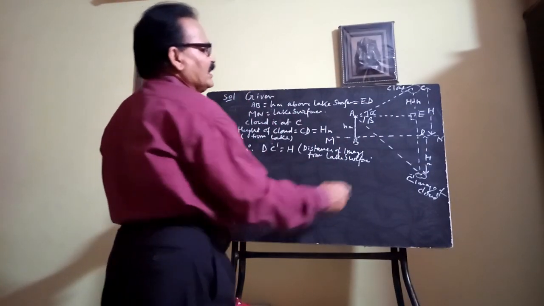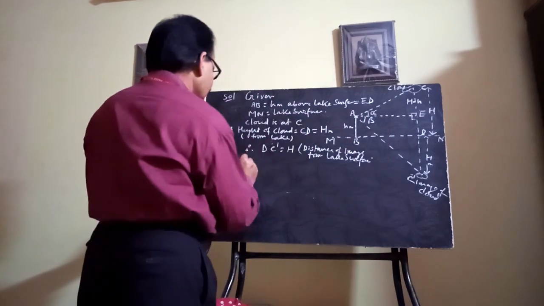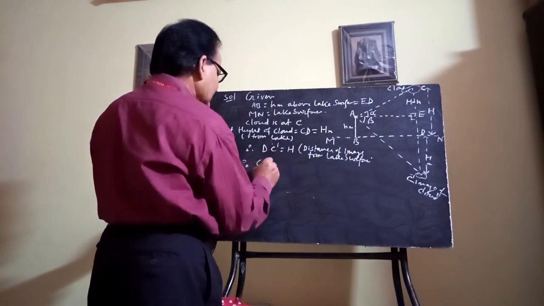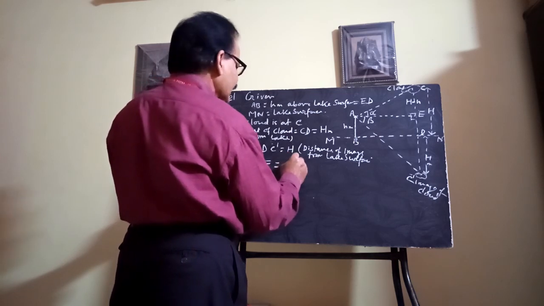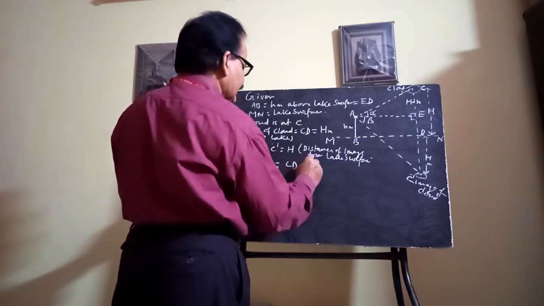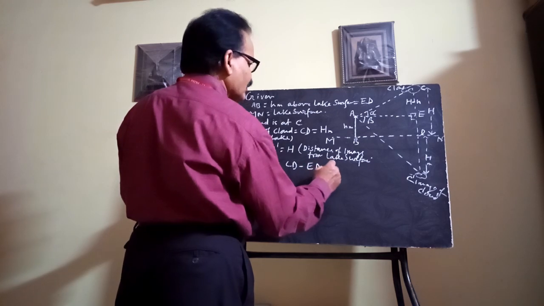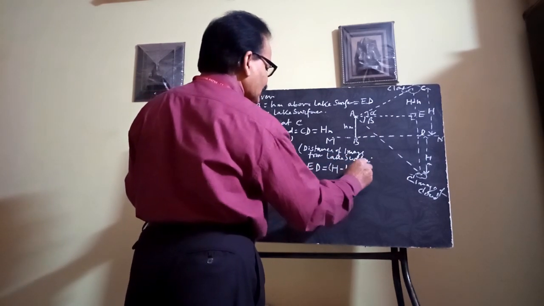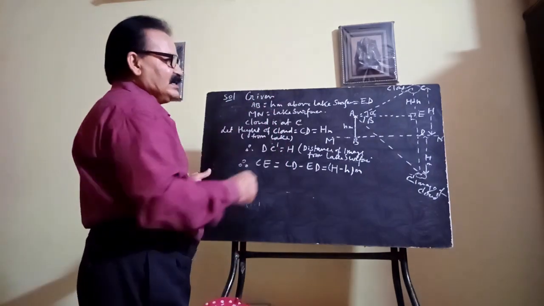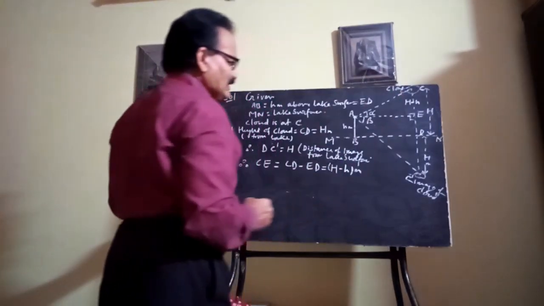Then CE equals CD minus ED, that is capital H minus small h meter. This is the distance CE.